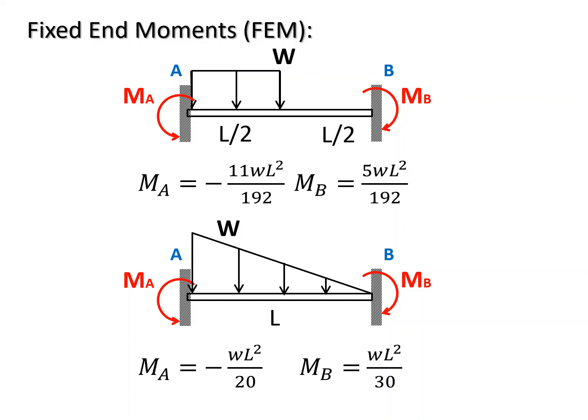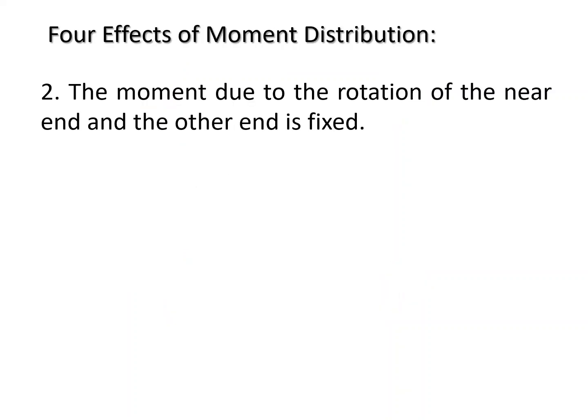So those fixed end moments that I had listed, you have to get familiar with, at least, for you to be able to proceed with the second theorem for fixed end moments. So number two, the moment due to the rotation of the near end while the other end is fixed. So it is known as the stiffness or the K value.